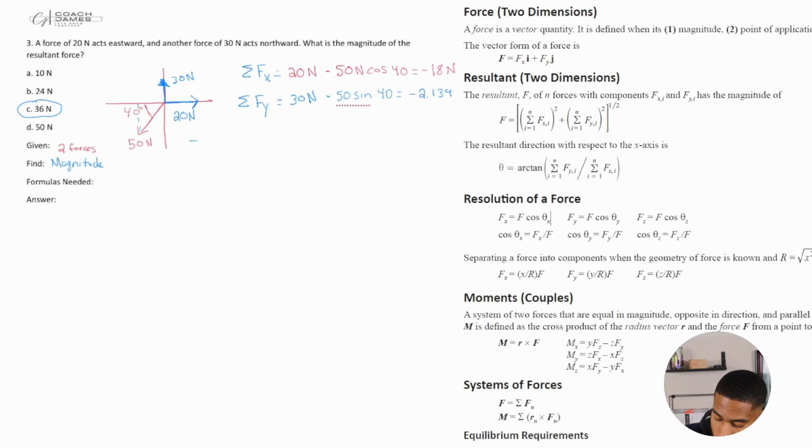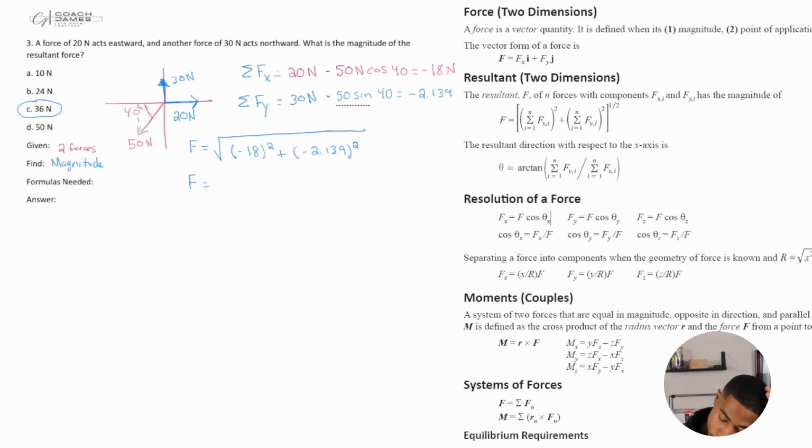Once you plug this back in, say we're looking for the resultant again, then the resultant would be F is equal to the square root of negative 18 squared plus negative 2.139 squared, and then you get a value.